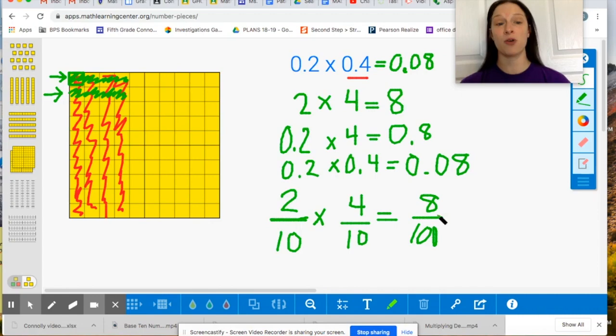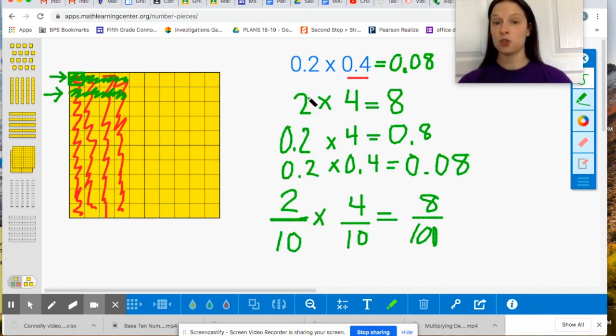Okay, so let's think about all the things that are going on. We first thought about the size of our product. It definitely was going to be way less than 4/10 because we were only taking 2/10 of 4/10. Then we did the representation and saw that 8/100 is what happens when we take 2/10 of 4/10. Then we thought about 2 times 4 as whole numbers, and we got 8.